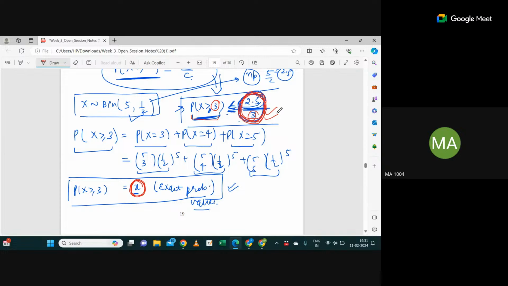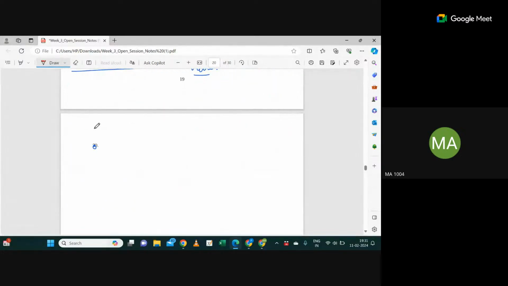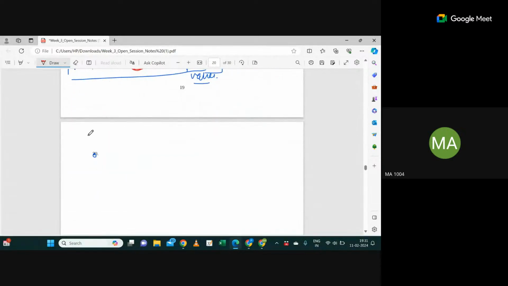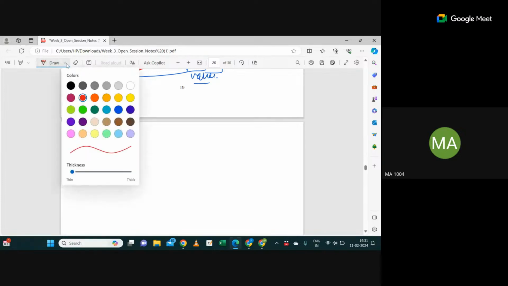Now, let's change the scenario. Suppose in this case, initially we had the information that x is following a binomial distribution. Now, let me write down one scenario.